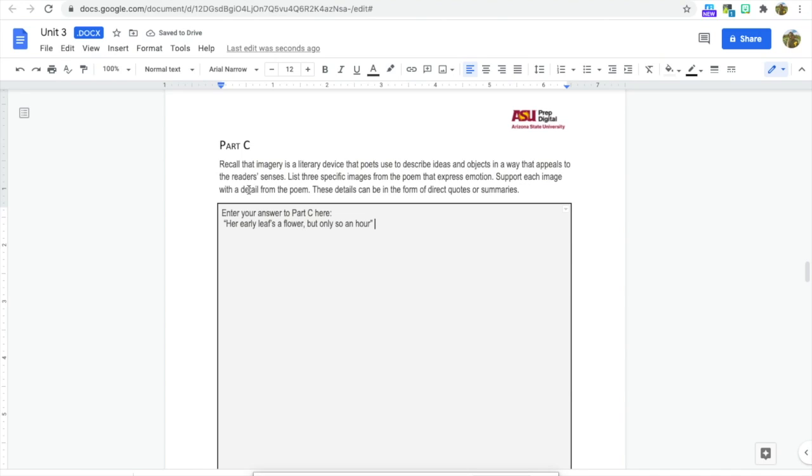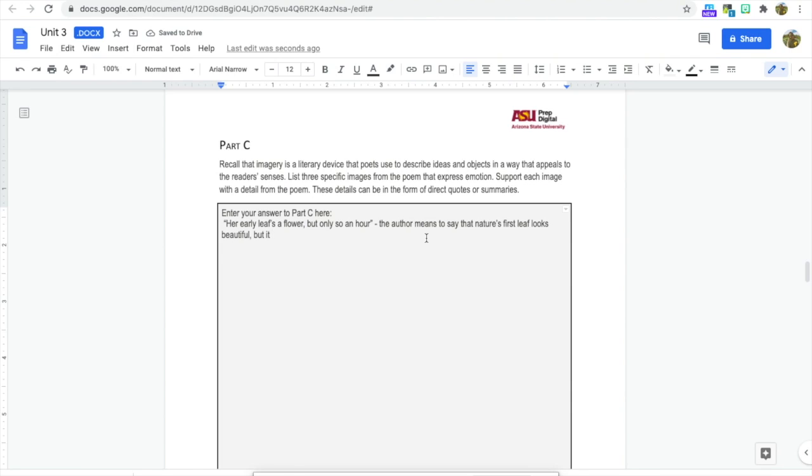Support each image with a detail from the poem. These details can be in form. So I'm going to write right here, the author means to say that nature's first leaf looks beautiful, but it only lasts a little bit because everybody gets old, including nature.